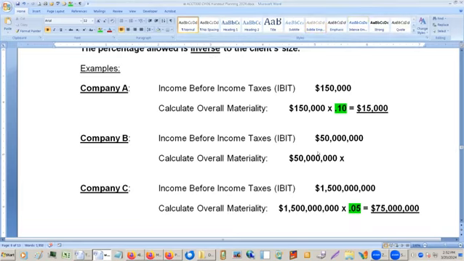Yeah, 7. So you might say, okay, again, this is not a small company, but it's not massive either. So we'll go in the middle somewhere. Again, this is judgment. It's a judgment as to what is material. We have a rule of thumb, but that does not necessarily mean that there's no judgment involved.